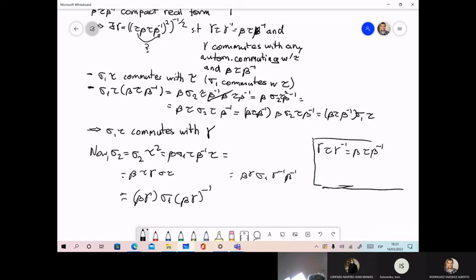Does anyone have any ideas on how to prove this? It should be something like this.